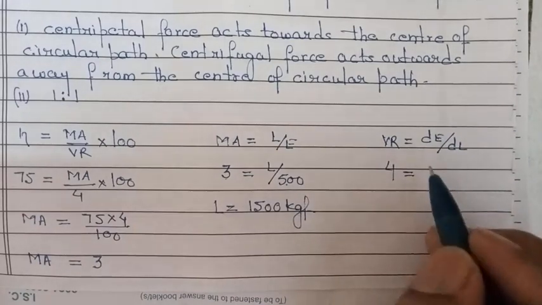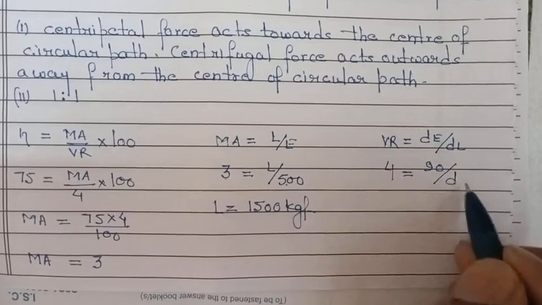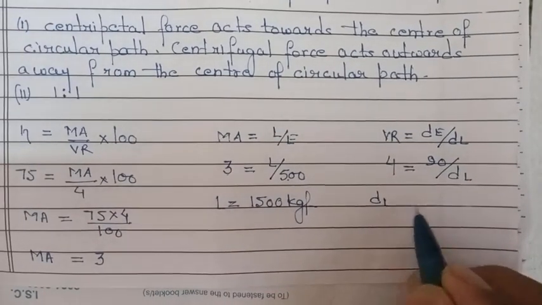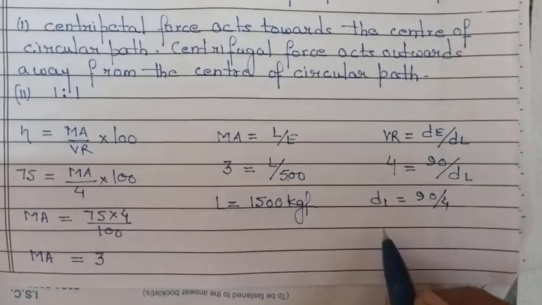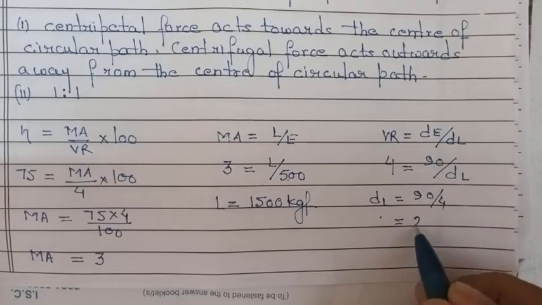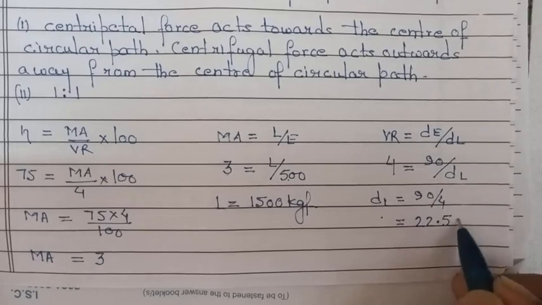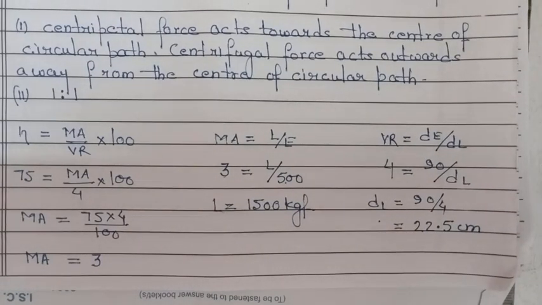Displacement of the effort is given to us as 90, and they are asking us to calculate the displacement of load. So displacement of load will be equal to 90 upon 4. So this will give you 22.5 centimeter. So this will be the displacement of load. This is clear to you?